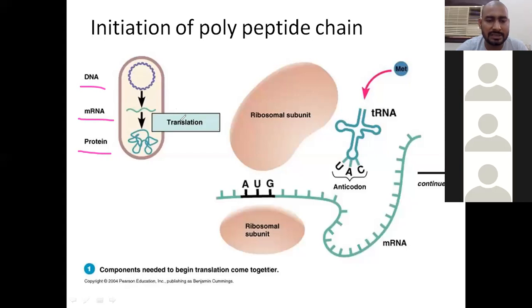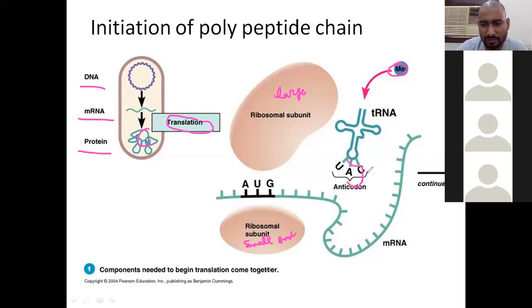So this is translation. When protein is formed, this phenomenon is known as translation. During translation, what will happen? This is the ribosomal unit. It is the large subunit, and it is the small subunit. And the tRNA has the anticodon loop and binds with the amino acid.